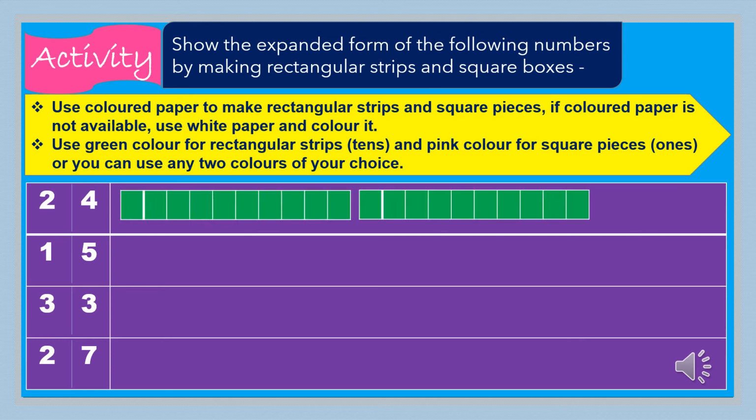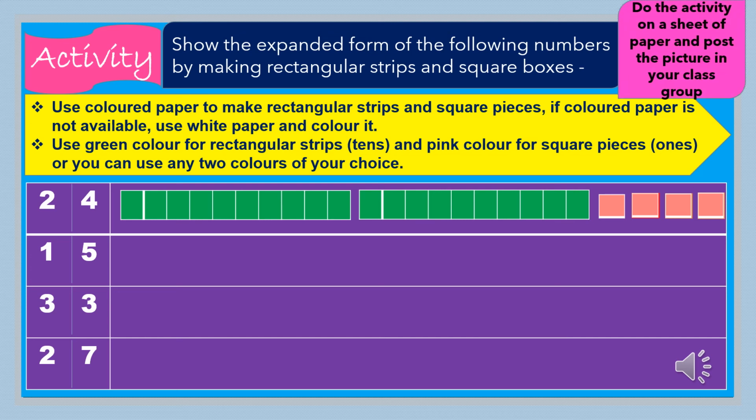So you can see there are two tens in it, so two rectangular strips have to be cut out and then pasted over here in this second column, and there are four ones, so four square boxes have to be pasted. So accordingly you will have to do for the three other numbers. So complete this activity, do it on a sheet of paper, or you can do it in your notebook as well, and then post the picture in your class group. Okay.